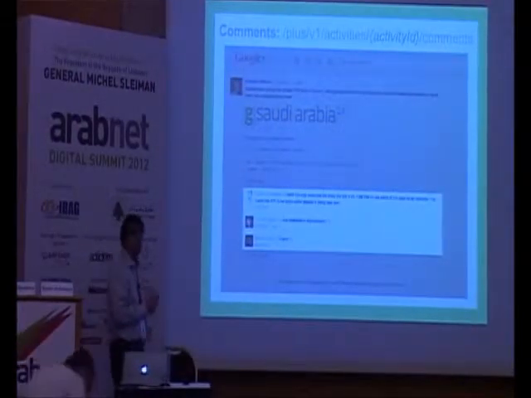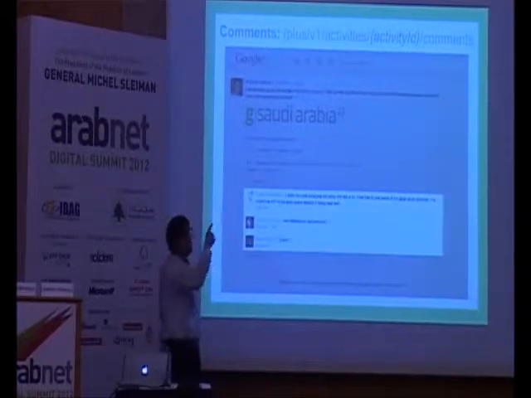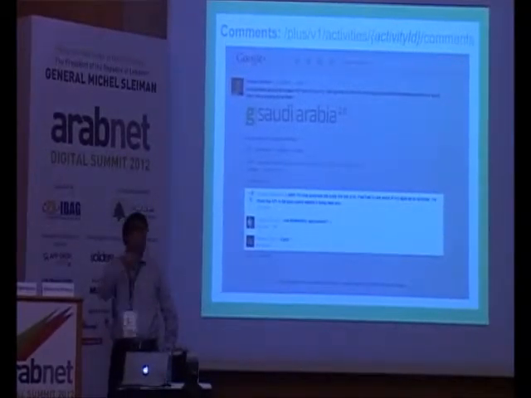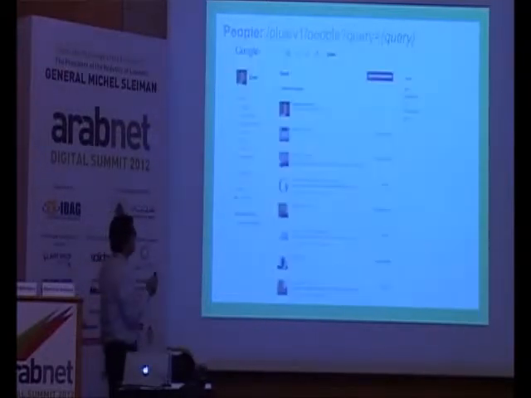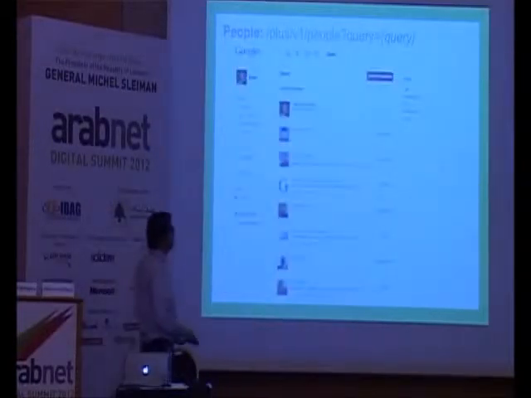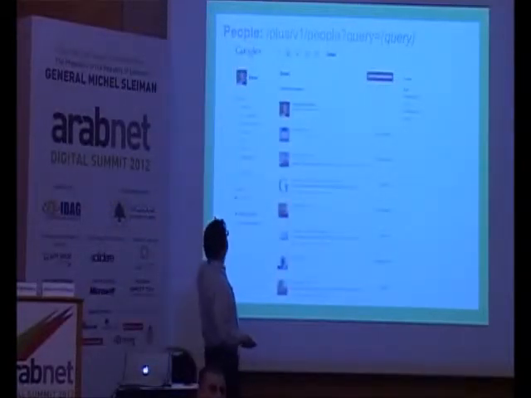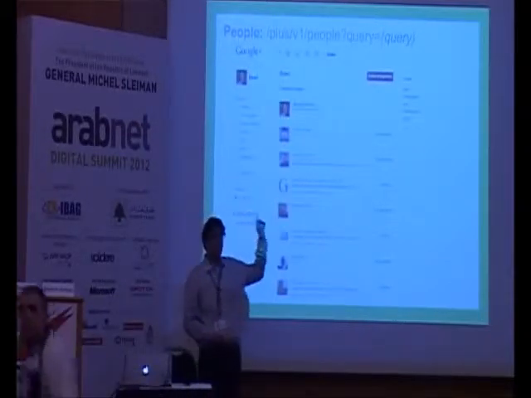You can also get the comments for a specific post by following the activity ID/comment section, which returns all the comments on a specific activity. You get a list of those comments, and you can access each one of those comments. You can also query users, and the way you do that is by going to the people section and specifying the query in the parameter.